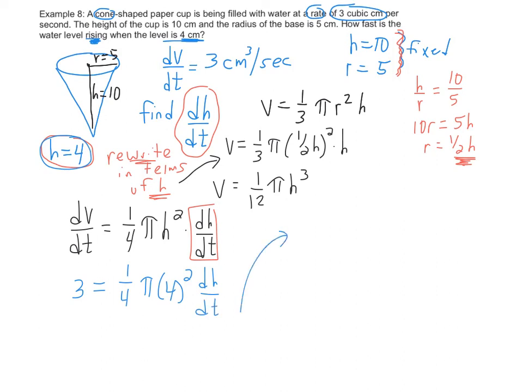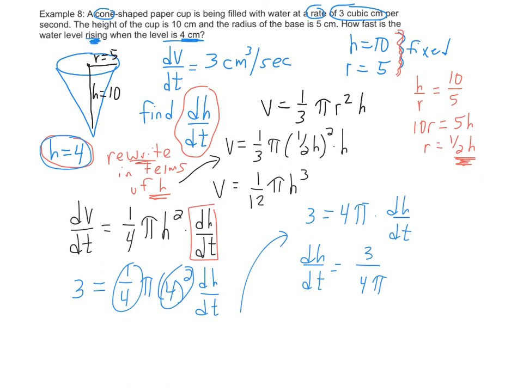So let's clean this up. We'd have 3 equals, well, this would be 16 divided by 4, so that would be 4 pi dh/dt. And then our dh/dt would be 3 divided by 4 pi. And remember that if you're doing this in the calculator, make sure you put parentheses around that entire bottom, or else you're not going to get the correct answer.